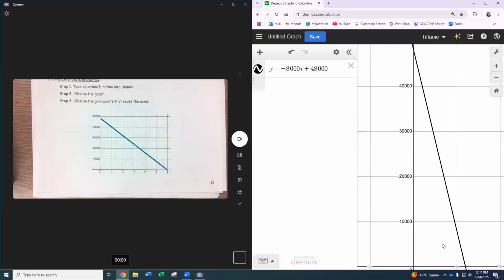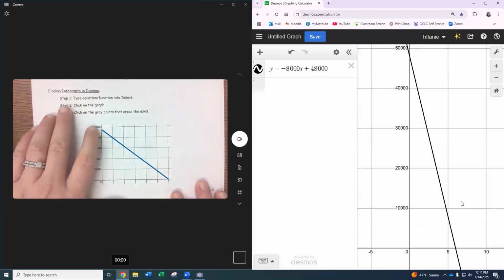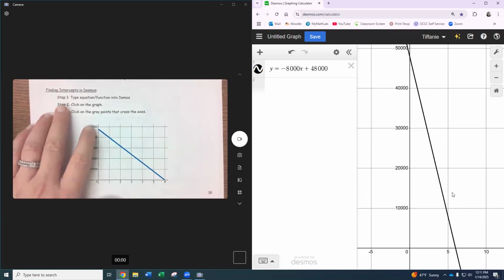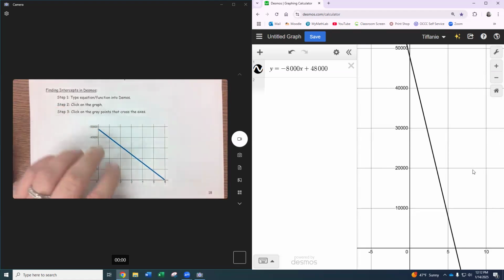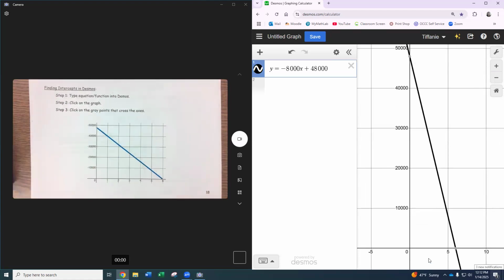And here's my graph. So once we typed in the equation and fixed our window to make sure we have all the juicy information we're looking for, click anywhere on the graph and you'll see these two gray points again, right? Click on the gray points that cross the axis.